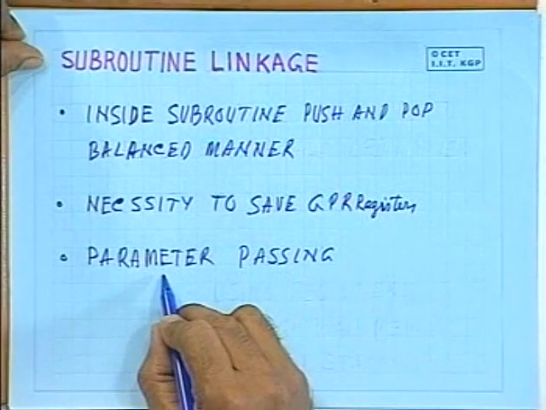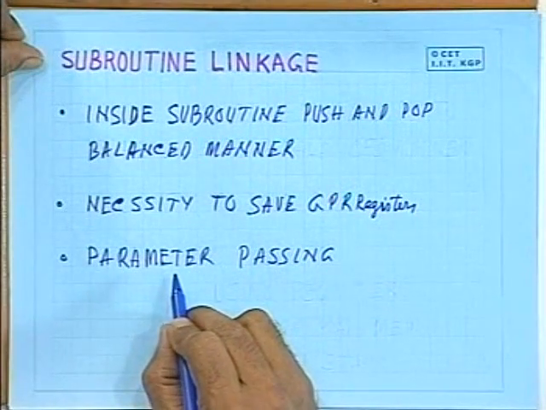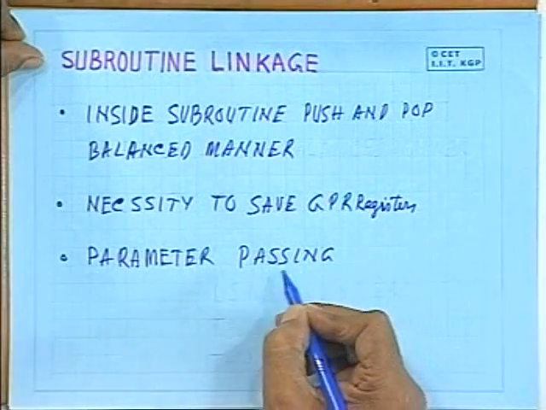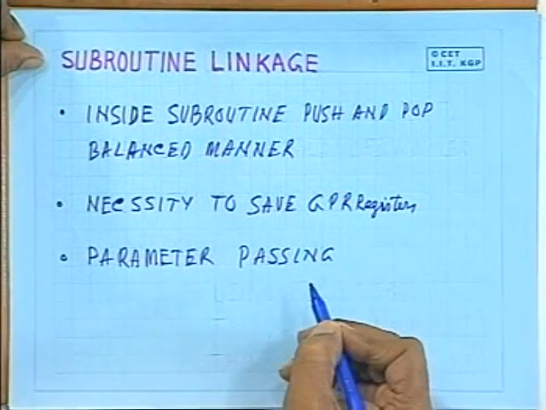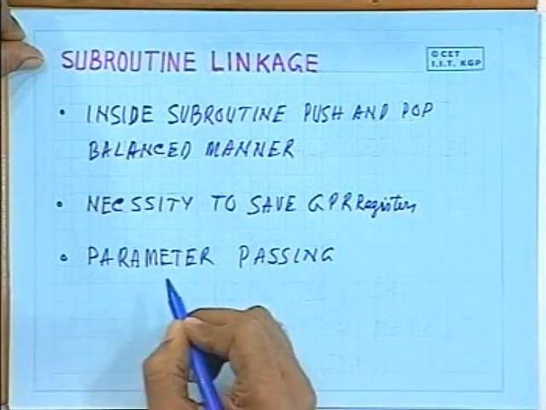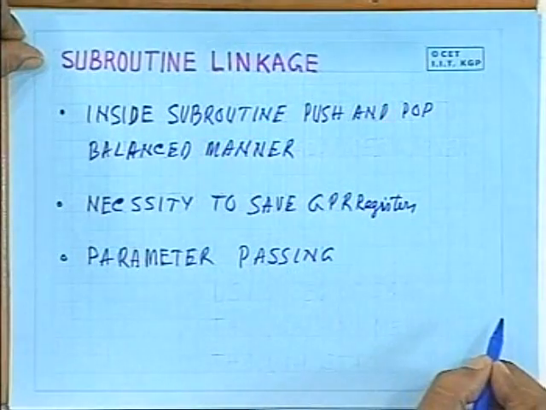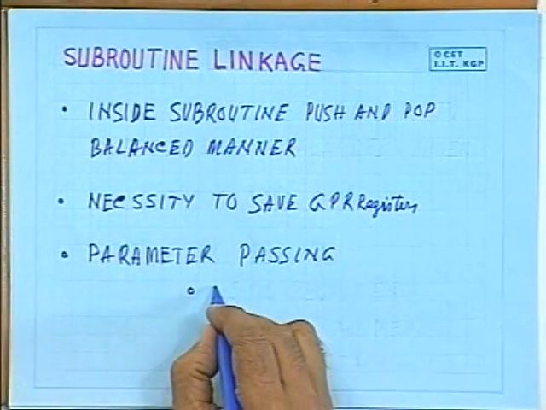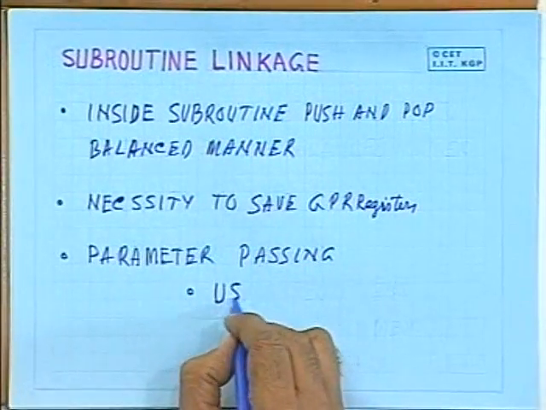Some parameters have to be passed from the main program to the subroutine, and some parameters, the result, will be passed from the subroutine to the main program. So, both ways some parameters are to be passed. How can the parameters be passed? Usually there are three techniques. Number one is using registers.